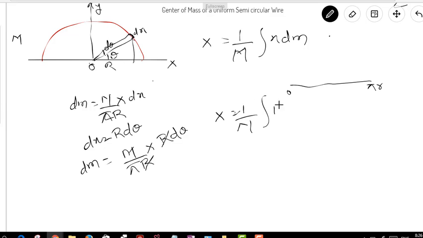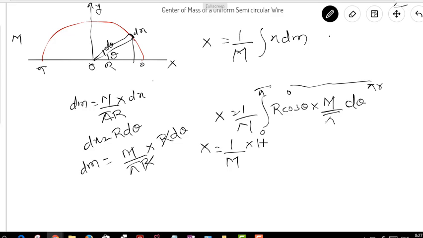So r cos theta into m by pi d theta, and we are going to integrate it from angle 0 to angle pi.